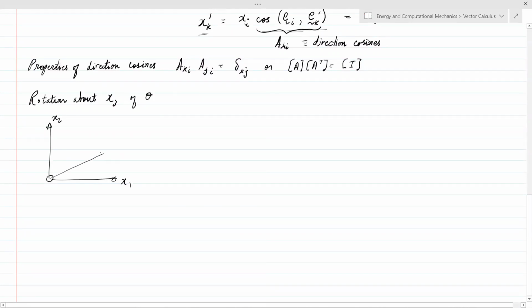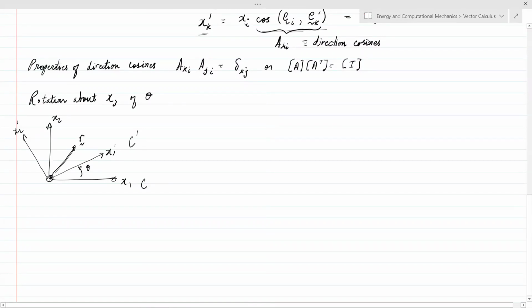And I want to rotate it to the new system x1 prime, x2 prime. My goal now is to figure out how to relate a position vector, this vector r, from this system C to C prime. And let's say this rotation is theta.